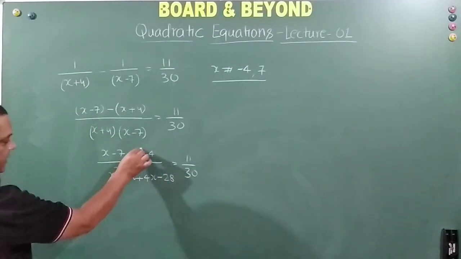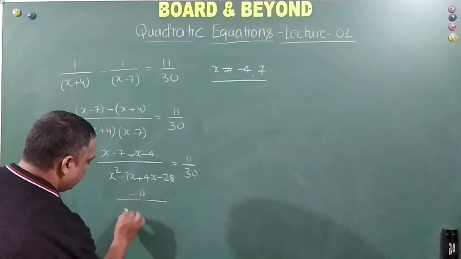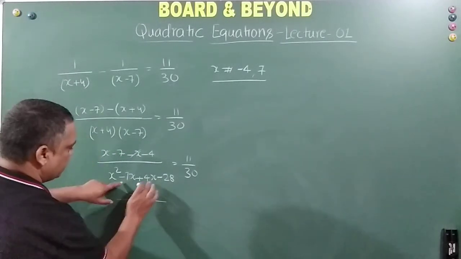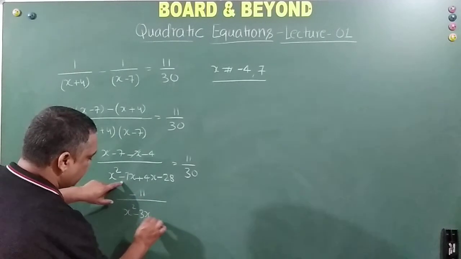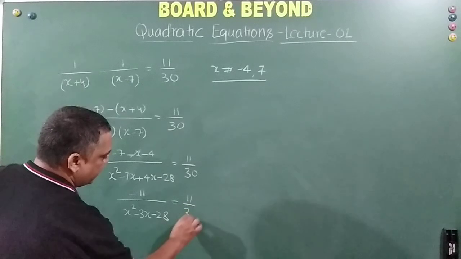Let's try solving it. This gets cancelled. This becomes minus 11 divided by x square minus 3x minus 28 is equal to 11 by 30.